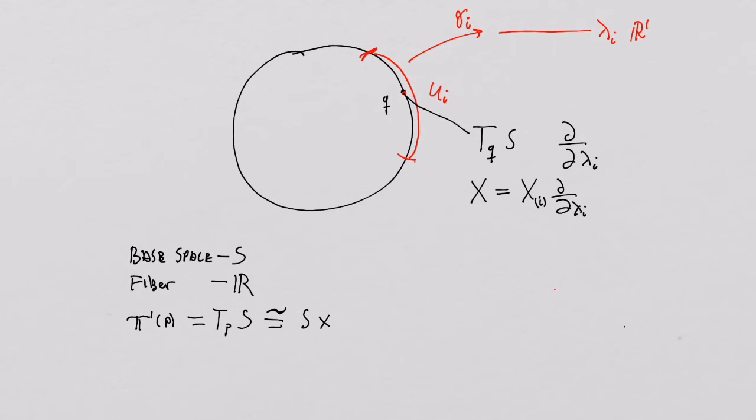And that had better be diffeomorphic to S. Whoops. That had better be diffeomorphic to the typical fiber, right? That's the whole point. This has to be diffeomorphic to the typical fiber, which in this case is the real numbers. So I need to show this diffeomorphism, and it happens on each piece.